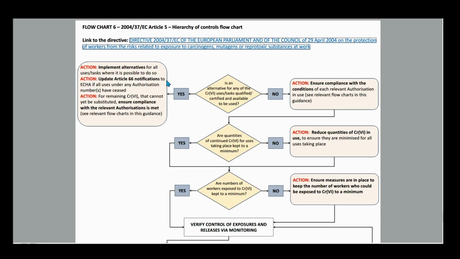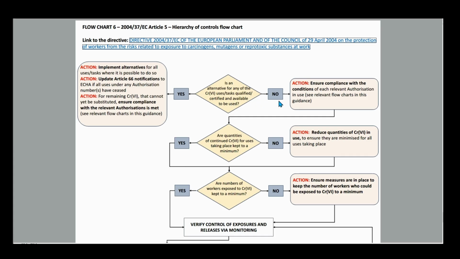Second, update the Article 66 notifications sent to ECHA if all users under any authorization number have ceased. And third, for the remaining hexavalent chromium substances that cannot be substituted yet, ensure you are compliant and meet all the requirements given in the granted authorization. You can use the flowcharts for the implementing decisions as guidance.